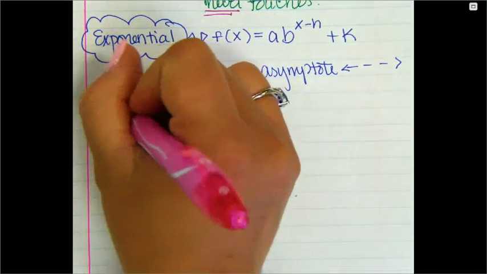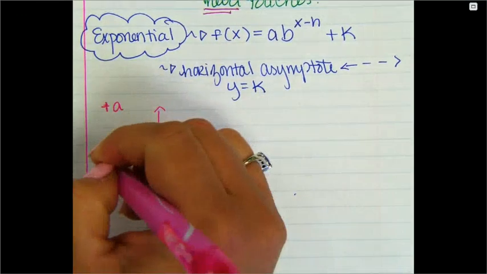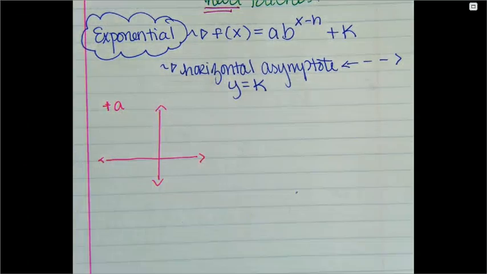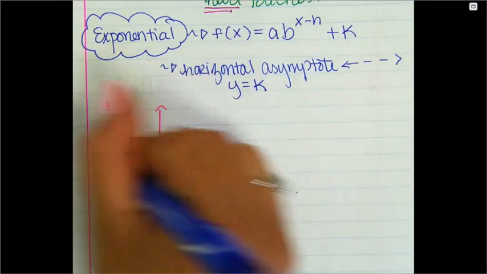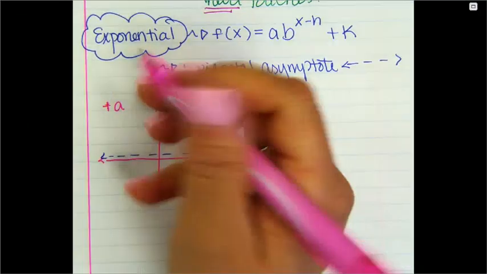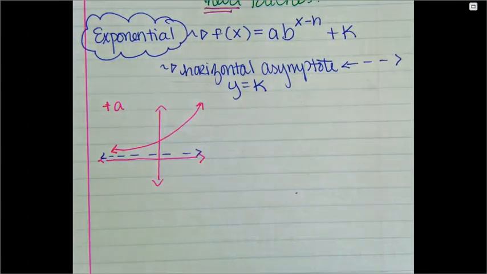If we have positive A, let's just pretend our asymptote is here. We have positive A. It looks like this. Remember?